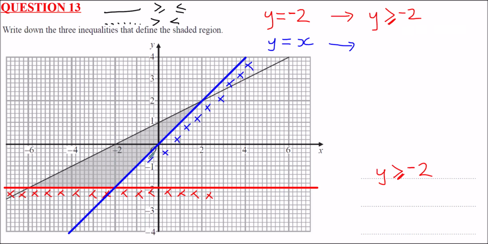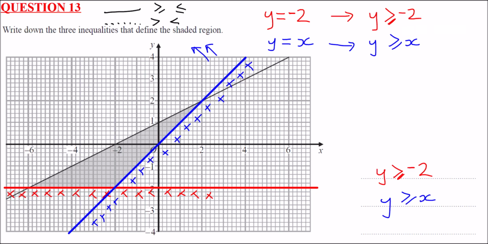It's not down there, so I'm going to cross off all those points. Y is on the high side of this blue line. Y is on the upside over there. So therefore, we want y to be more than or equal to x. So the second inequality we're wanting is that y is more than or equal to x.